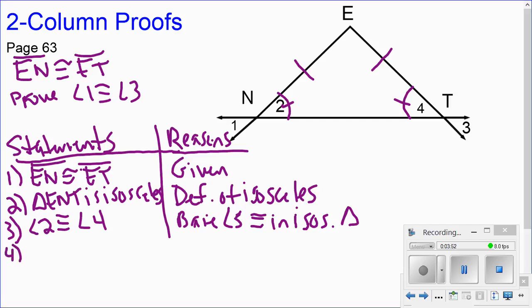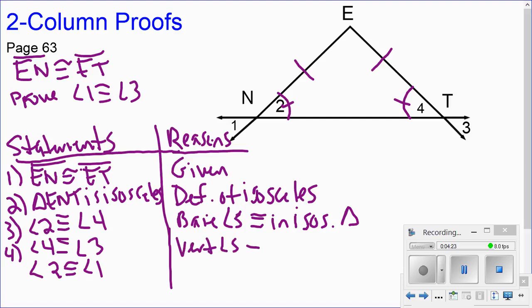I'm going to state that angle 4 is congruent to angle 3, and angle 2 is congruent to angle 1. And my reason for both of those is that vertical angles are congruent. Now, I'm just going to use that same reason for both statements.